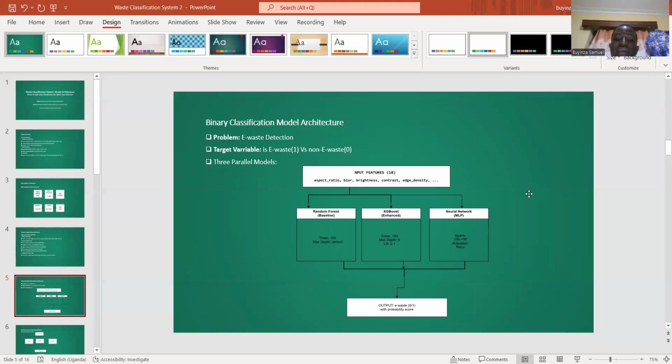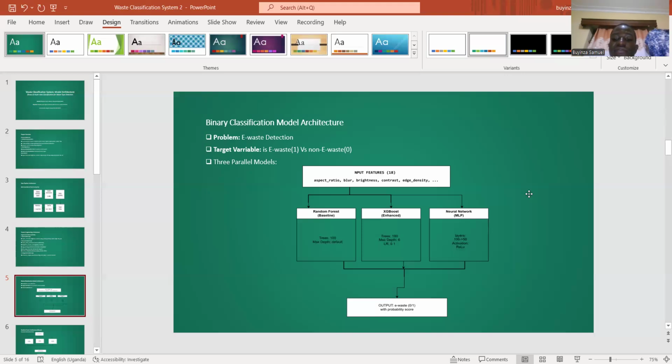In detail, for random forest we have 100 trees, and the maximum depth is left at default. For XGBoost, we have 100 trees, and the maximum depth is 6.